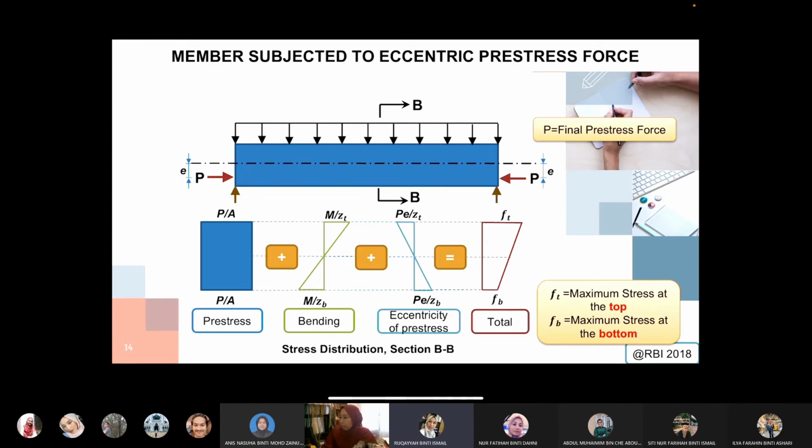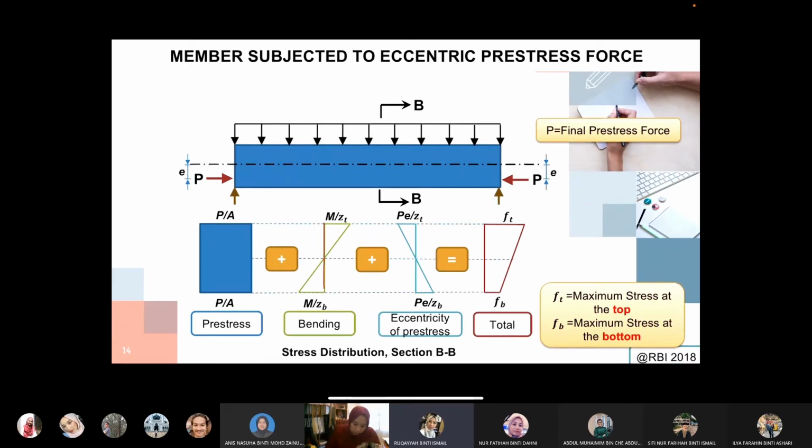So that is the total stress you will have when your P is not exactly at the neutral axis, but a bit below it, giving you the eccentricity. If you look here, you will have the equation for the line of your stress triangle.